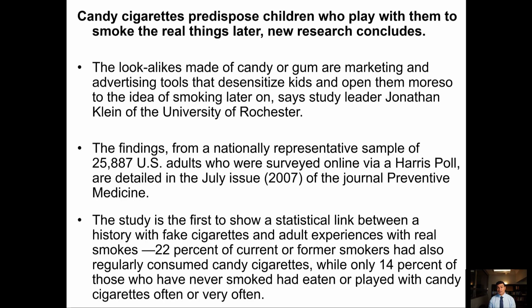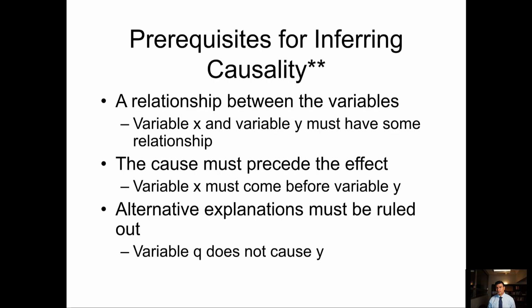They took a sample of 26,000 adults, and they looked at whether they played with candy cigarettes when they were younger, and they found that people who played with candy cigarettes as kids were more likely to smoke as adults. So we have this correlation between these two variables. If you play with candy cigarettes, you're more likely to smoke as adults. But is this really the cause of later smoking? So we're going to look at this study in more detail as we go through some of these other slides.